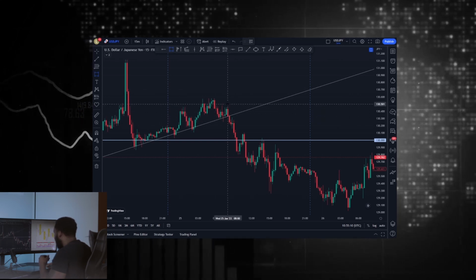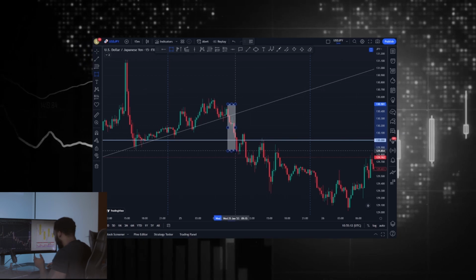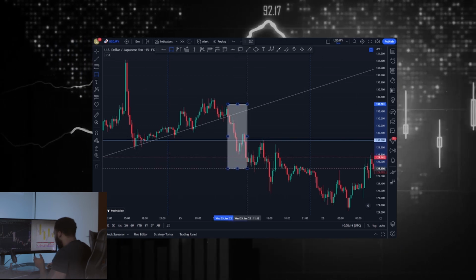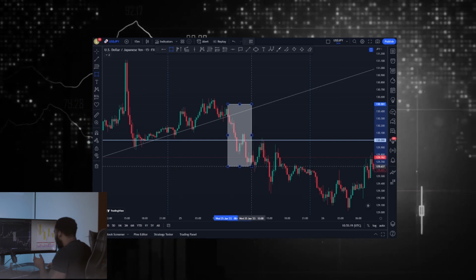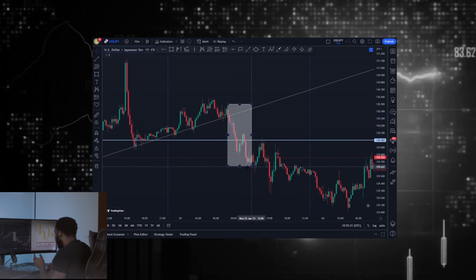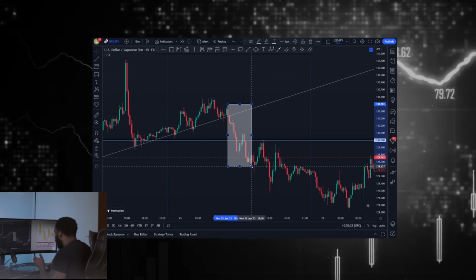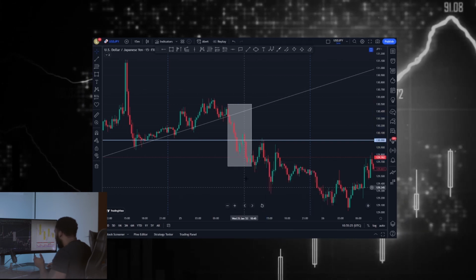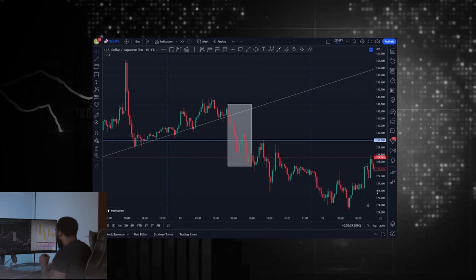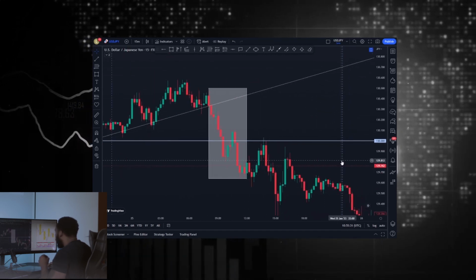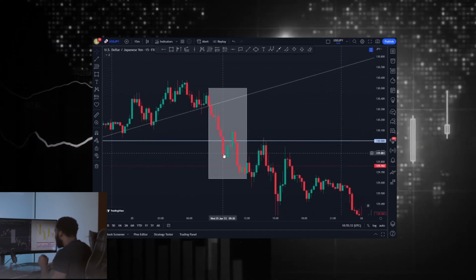So this is 8 a.m. London time. And then if we drag this down all the way to 12 p.m., you can see the sellers were not budging, because for 4 straight hours, we had nothing but sells. But what I want to bring your attention to is, look at these 3 massive selling candles.